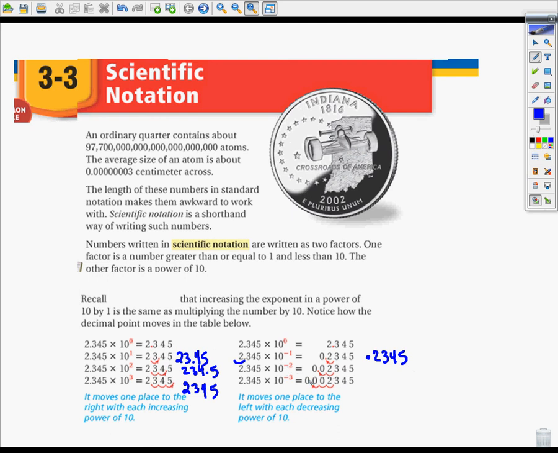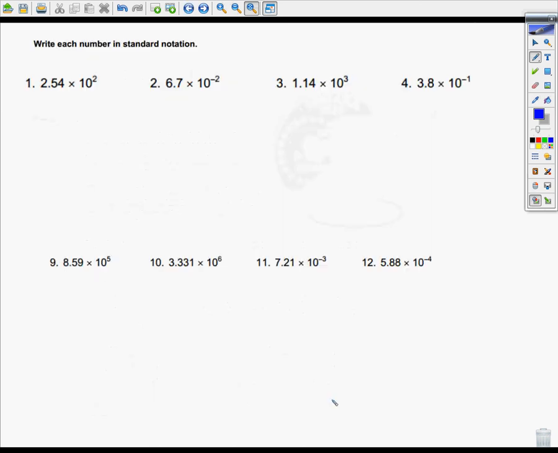With a negative 2, I move it 2 to the left. Here's 1, but to have my placeholder, I have to put a 0, so it's 0.02345, or 2,345 hundred-thousandths. And then negative 3 moves it 3 to the left, so I have to put 2 zeros in its place. Let's go ahead and practice writing these numbers in standard notation.